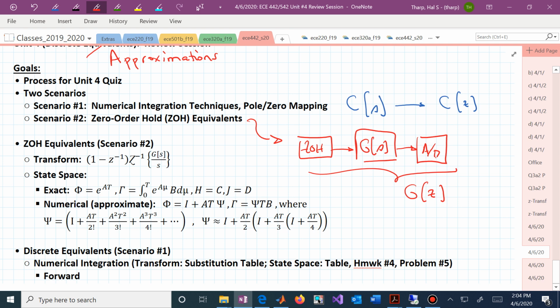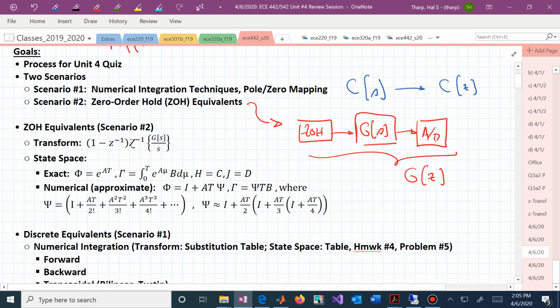You could do those either if your plant was represented as a transfer function or in the transform domain, or if you started with a state space representation.